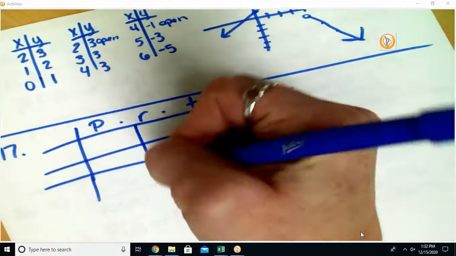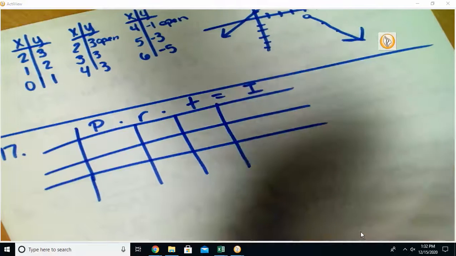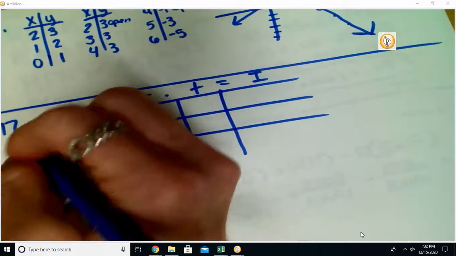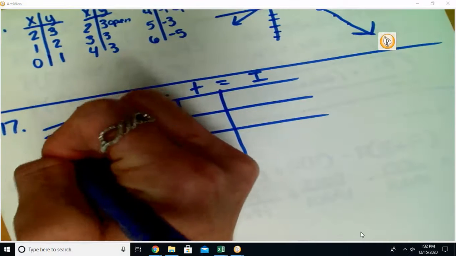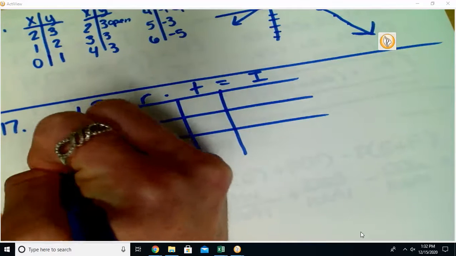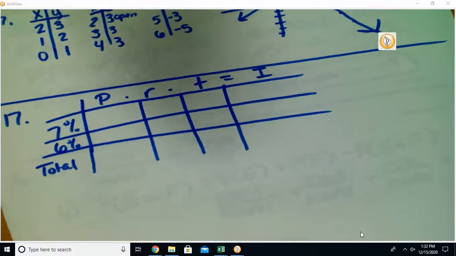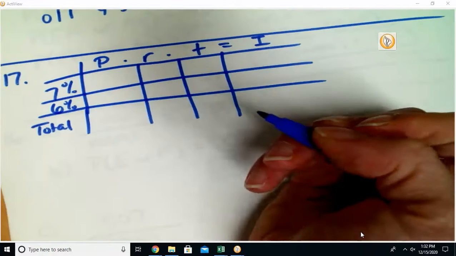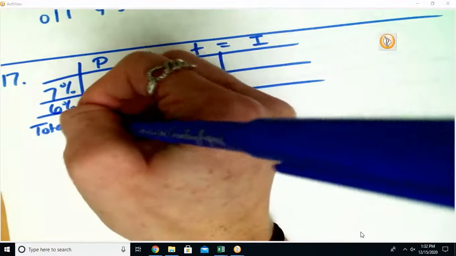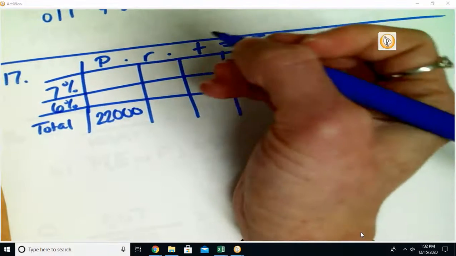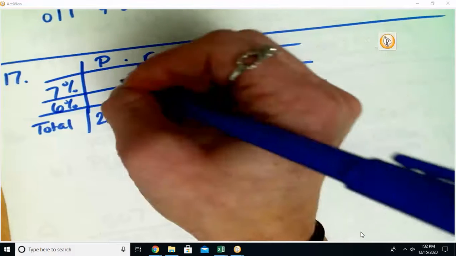Okay, we have a couple different things going on. We have an investment. He's doing some at 7%, some at 6%, and then we have a total. He has $22,000 to start with. So what is that number? Your P, total P. We invest some at 7%. I don't know how much, so that is x.